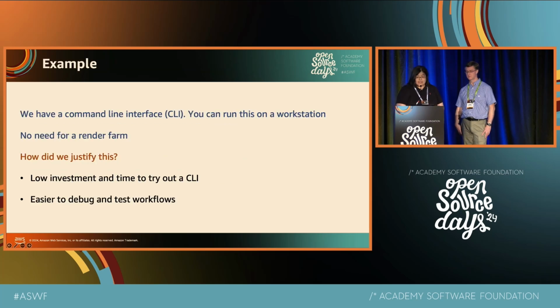One example of that is the CLI that Daniel just mentioned. So you can run this on the workstation. There's no need for a render farm at all, and therefore Deadline Cloud didn't need it, right? We felt that this was critical, though, for it to be a useful open source project for users outside.